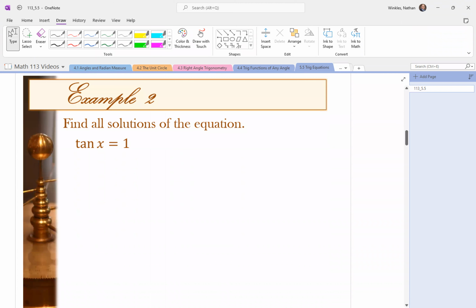Now we're going to take that theory and what we know, and extend it further. We want to find all solutions of the equation tangent of x equals 1. What we need to do is take the inverse tangent of both sides. When we do that, the left-hand side becomes x, and the right-hand side is inverse tangent of 1.